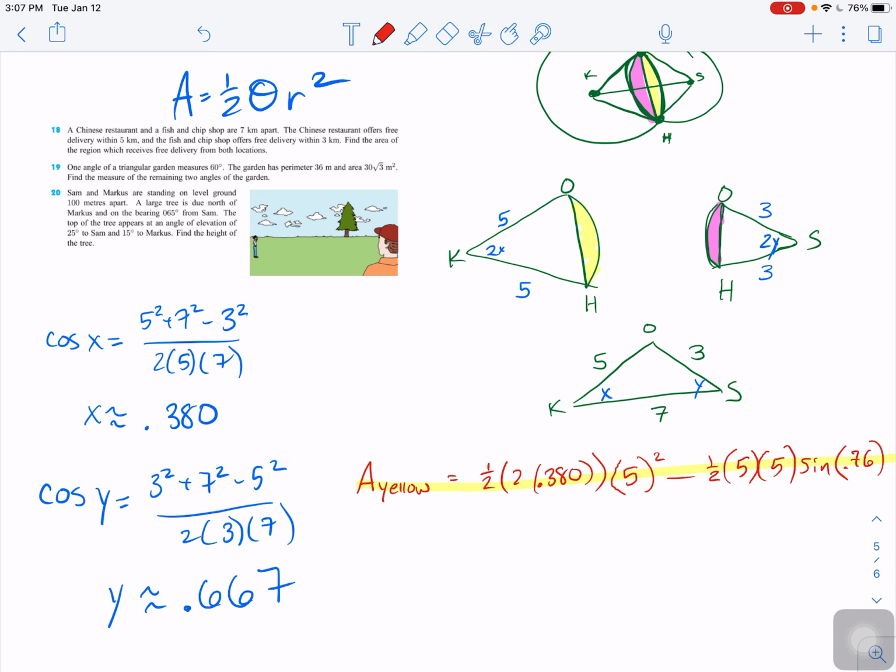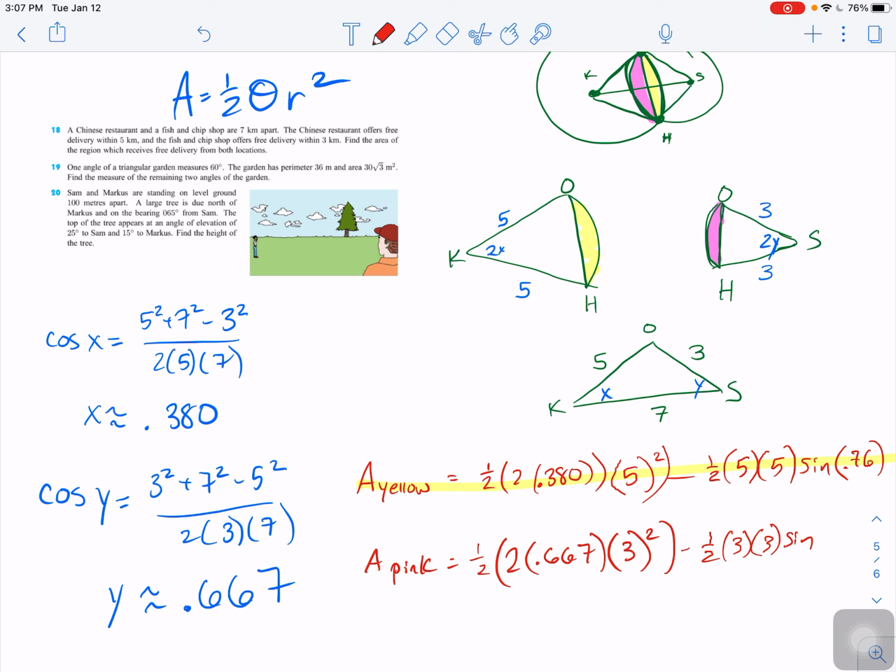Okay, and then I can also do the area of the pink, which would be equal to 1/2 times 2 times 0.667. The radius is 3. Yep, I forgot another parentheses there, my bad. Minus 1/2 AB sine, what's that, doubled?